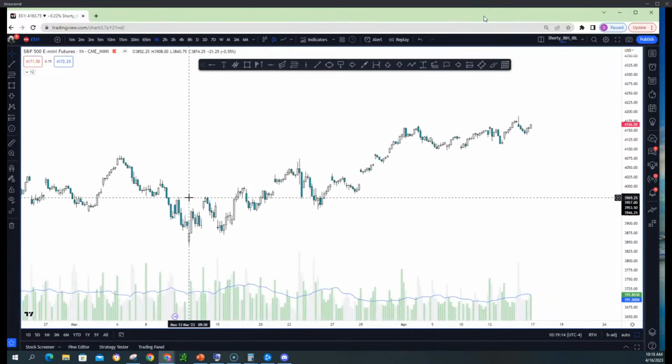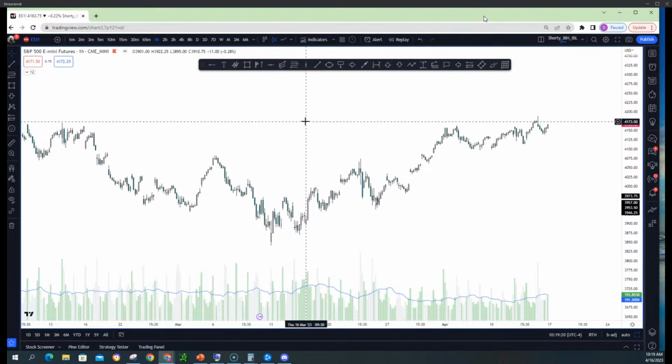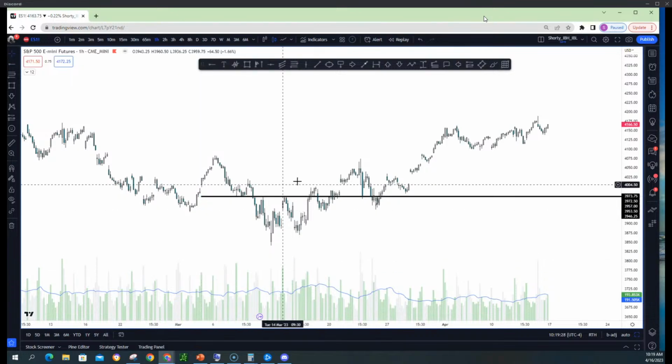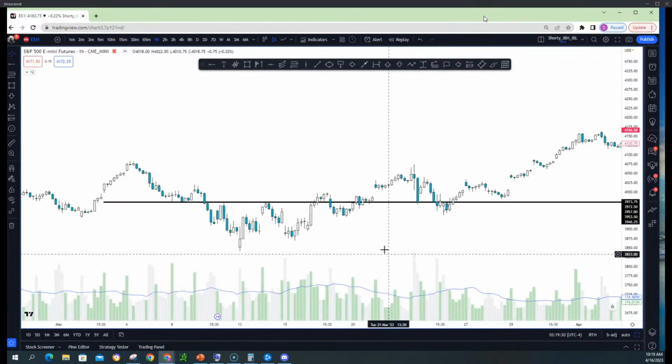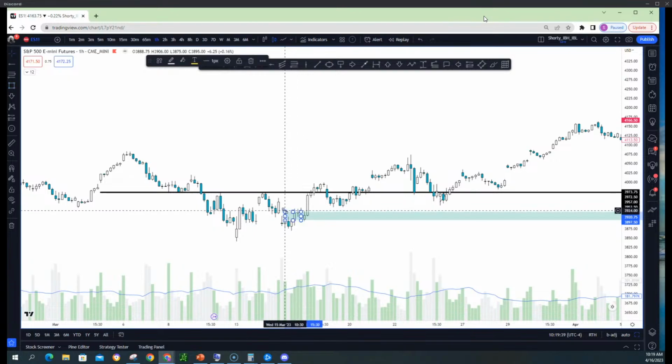On the 1 hour, I would say the trend change happened somewhere around here. They broke this on ES, and look, here's your buyer. He had a nice imbalance candle, and we still haven't tapped the imbalance that he had from the order. I would say right there.